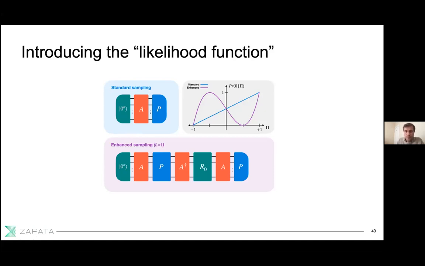So the likelihood function captures how likely the different outcomes are given the true expectation value. And so in the case of standard sampling, these two are just linearly related, which is what allowed us to take the sample average. In the case of enhanced sampling, the likelihood function is a little more complicated.